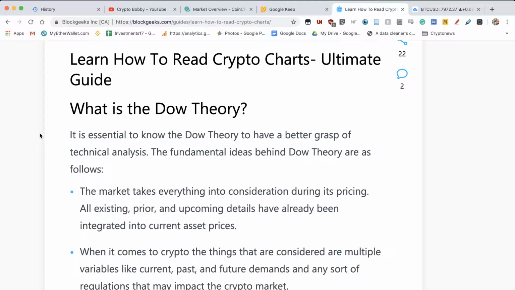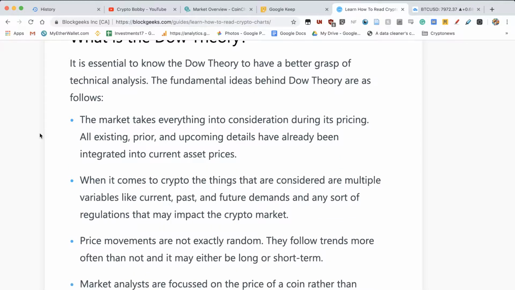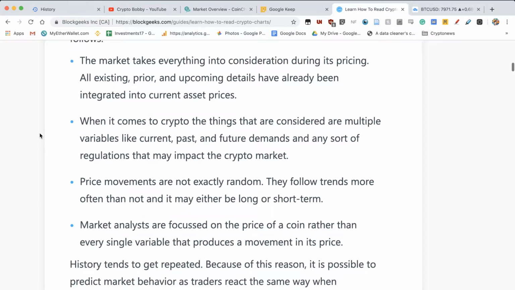Now, first of all, what's important to know is the Dow Theory. The Dow Theory helps you have a better grasp on technical analysis, and the fundamental ideas behind Dow Theory are as follows. The market takes everything into consideration during its pricing.